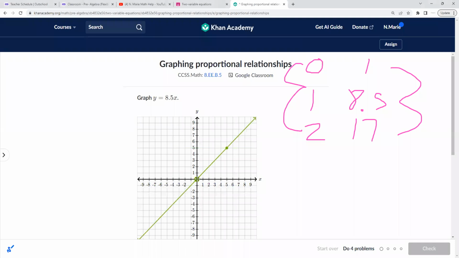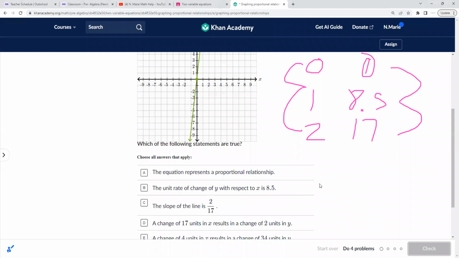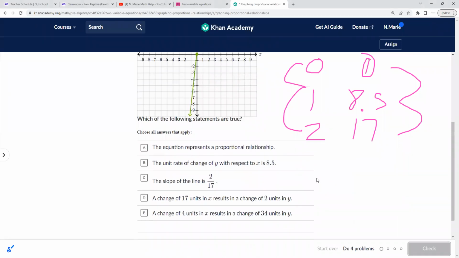That's a proportional relationship. AKA, it's going to be a straight line. Wait, 0 times 8.5 is 0. Sorry, I messed that part up. So this is at 0, 0, and then it's at 1, 8.5, which is there. And yes, this is a proportional relationship.